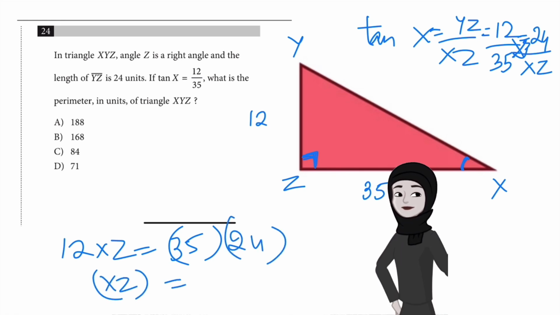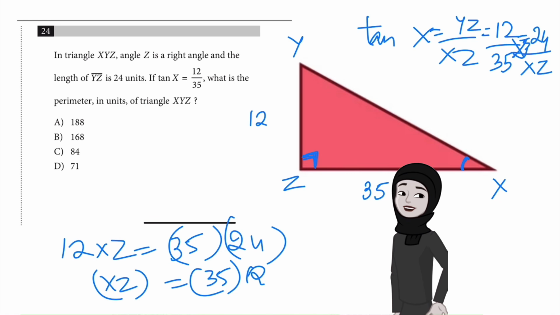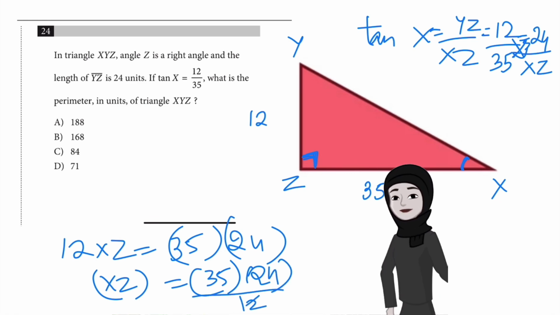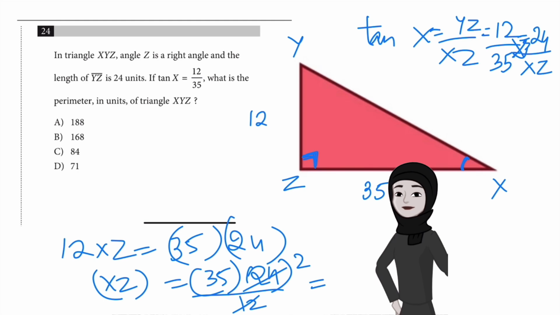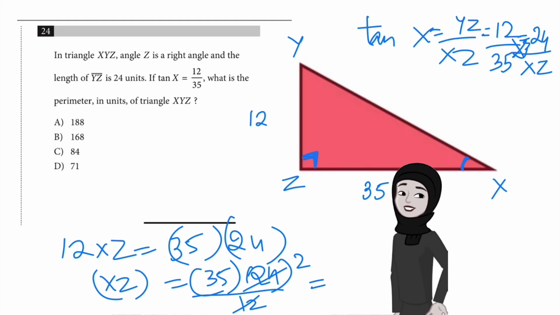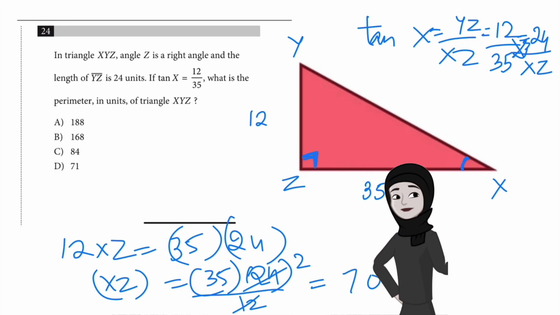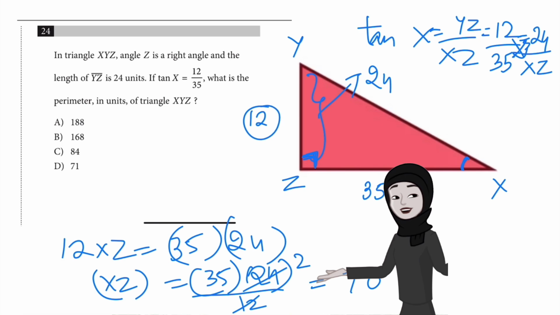Therefore, XZ would be equal to 35 times 24 divided by 12. 24 divided by 12 would be 2. So XZ would also become double of 35, which is 70. Just like the value of YZ was actually 24 units and 24 is double of 12, the same way 35 will also double and the actual length of XZ would be 70.